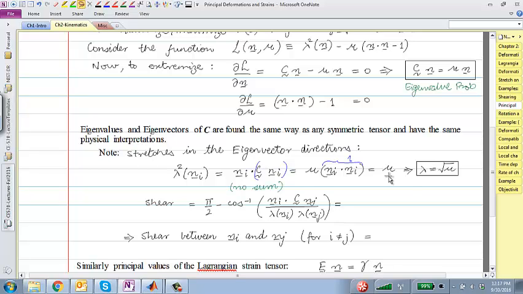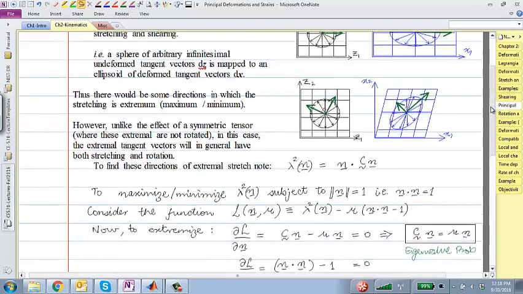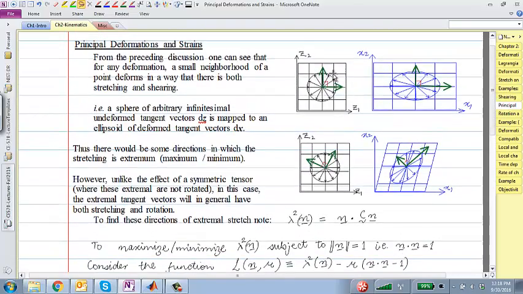So we get mu is equal to the square of lambda, which means lambda is equal to the square root of mu. So the eigenvalues mu of C, take the square root of that, that would be the stretch in one of the eigendirections.